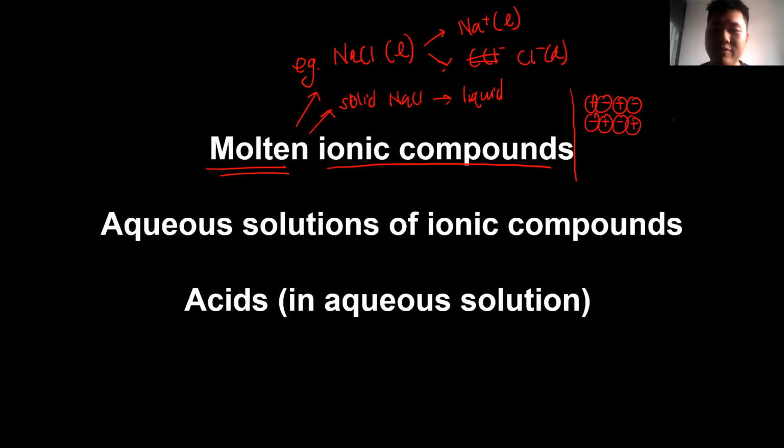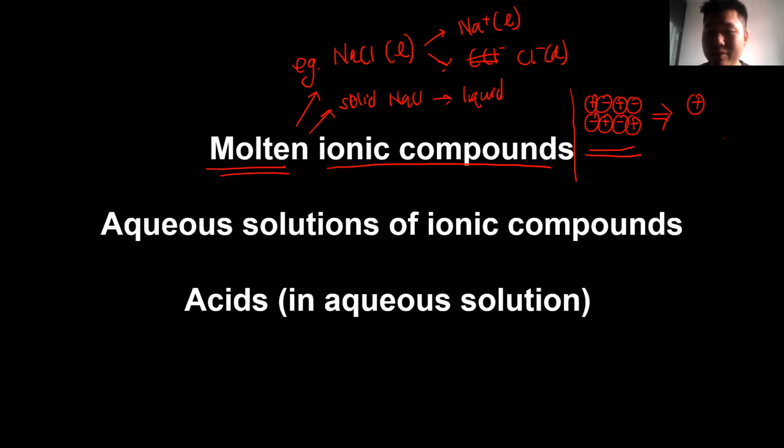After they are heated strongly for a long time, this orderly arrangement is disrupted. The heat will overcome the strong electrostatic forces of attraction between the positive and the negative ions. So these ions are no longer orderly arranged.